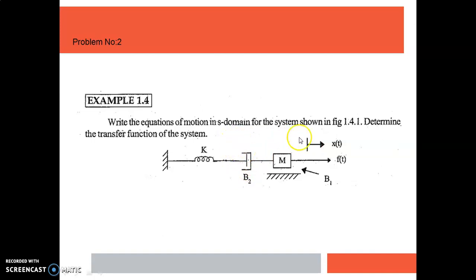Here it is x1 and x of t. How does x1 come here? Because we are assigning a mass body M equal to 0 here. Because this is a node, the meeting point between two elements. So what is Fb2? Fb2 will be equal to B2 into d by dt of x minus x1.